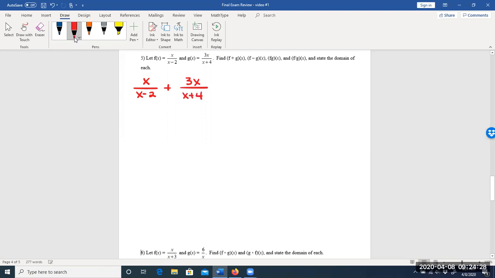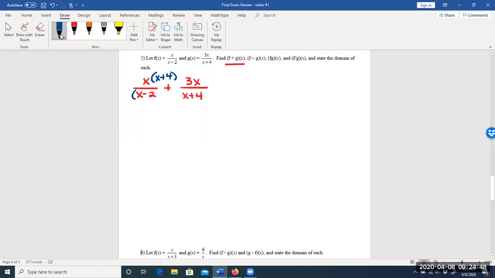Starting with f plus g of x. Sorry, I should have written that first. We're just going to start with that. So I'm going to take f of x plus g of x. To add these, I do need a common denominator.